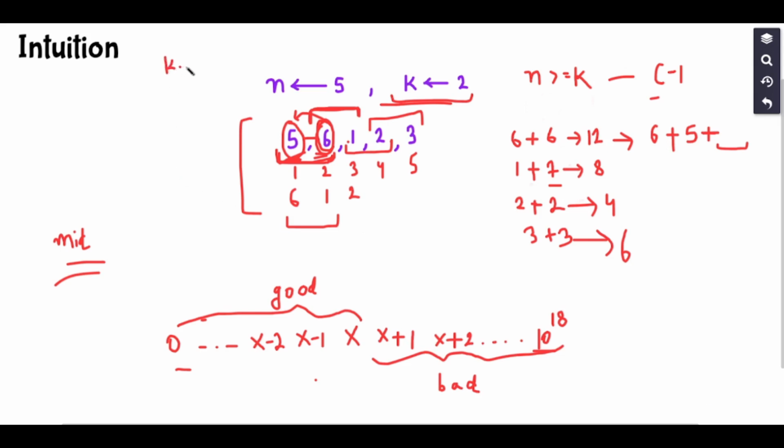Let's say k is 3. Let's take this array again, 5, 6, 1, 2, 3. Or let's say k is 4 rather. So we start from this position, that is the first one, move to the second position, pick up 6 mushrooms, move to the next position here, that is the third one, and pick up 2 mushrooms, plus move to the fourth position, that is this one, and pick up 4 mushrooms.